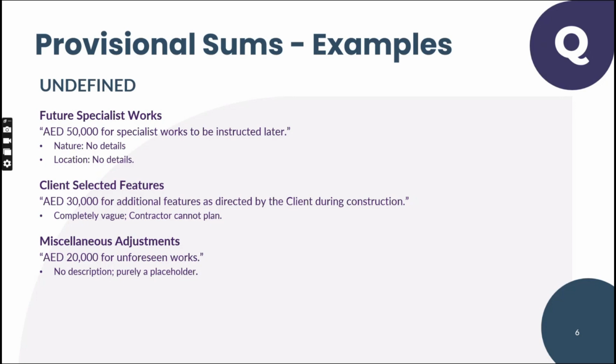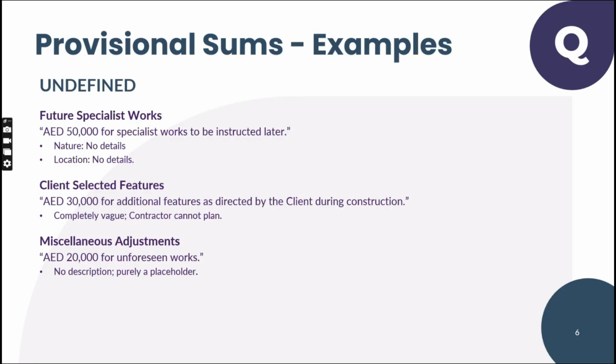It could be a different type of aesthetic coverage. It could be Italian marbles. You don't know. You know only a figure. The client told you there is an item, but they didn't tell you what kind of nature or location. You don't have any idea.